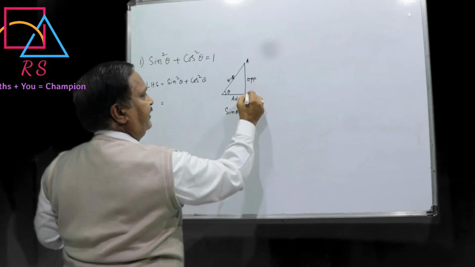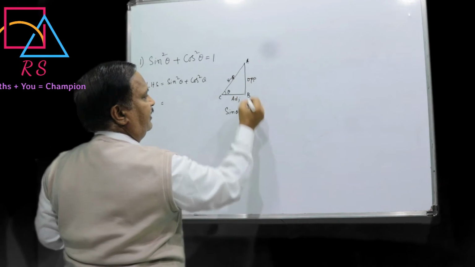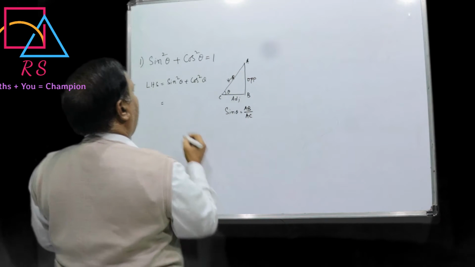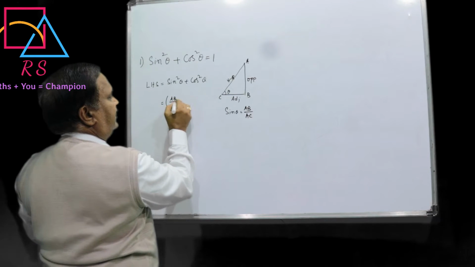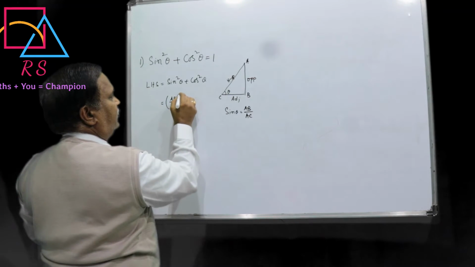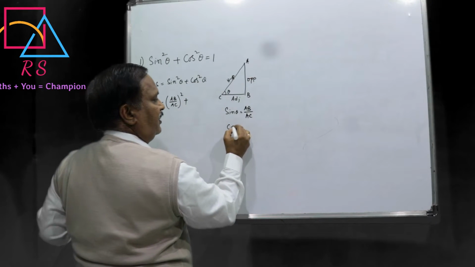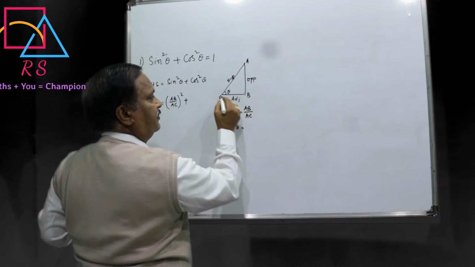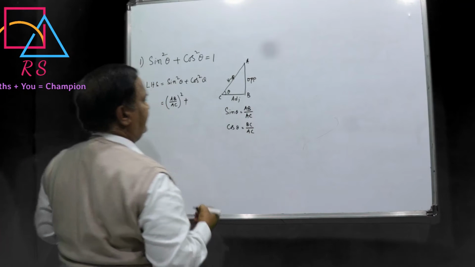If I write A, B, C, the opposite side is AB and AC is the hypotenuse. So sine square theta is AB upon AC whole square.